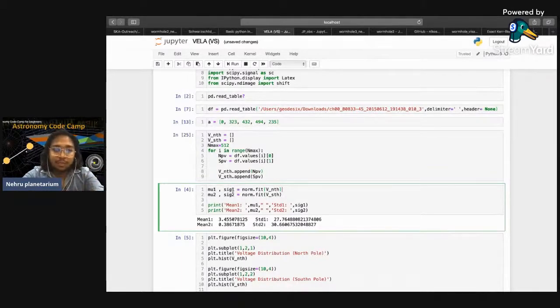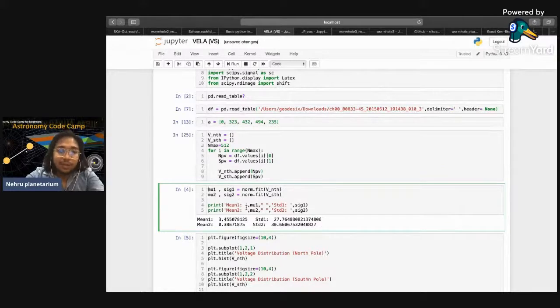So mu1, sigma1, I can assign those two return values from the North Pole dataset, and similarly mu2 and sigma2 from the South Pole dataset.